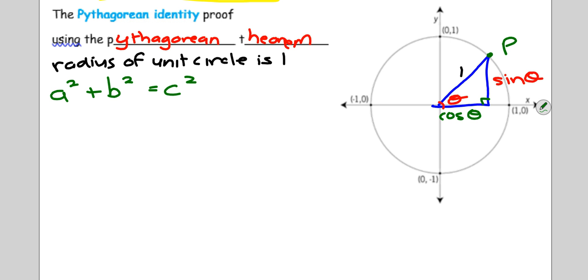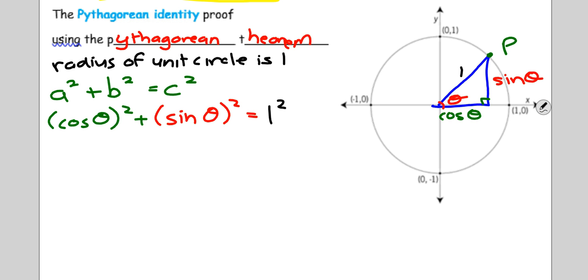So a squared, where a is, for example, cos theta. You could substitute cos theta, so cos theta in brackets squared plus sine theta in brackets squared equals 1 squared, the hypotenuse squared. And how do we write cos theta squared? What's the way we tend to write it instead?